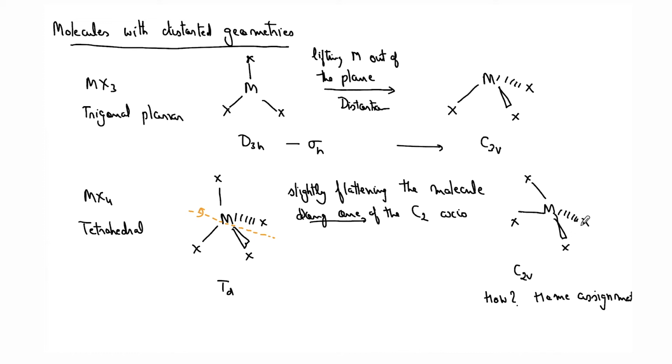Similarly, if you compress this angle also, again you will end up getting the C2v point group, right? So try to work it out and see, with this kind of distortion, what all symmetry elements are killed in the process.